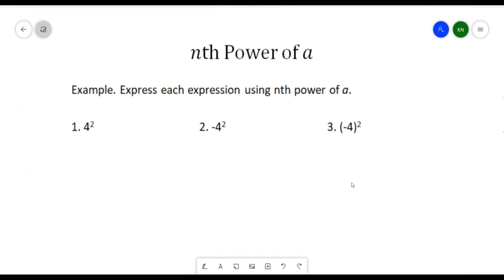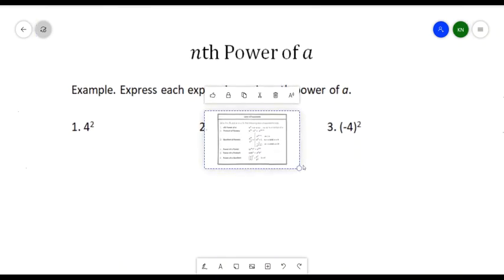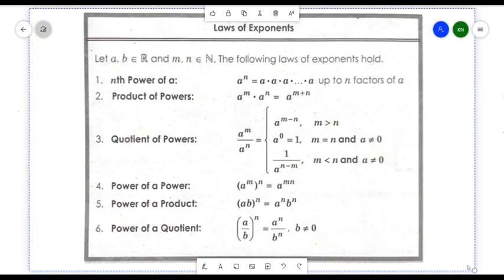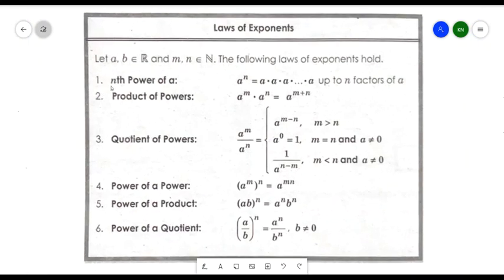So moving on, we will be discussing the index laws or laws of exponents. So I have here the list of laws of exponents. As you can see, we have the nth power of a, in which a variable or a constant is raised to a number n, meaning the value of n is the number of times that we will be multiplying our variable or our constant by itself.